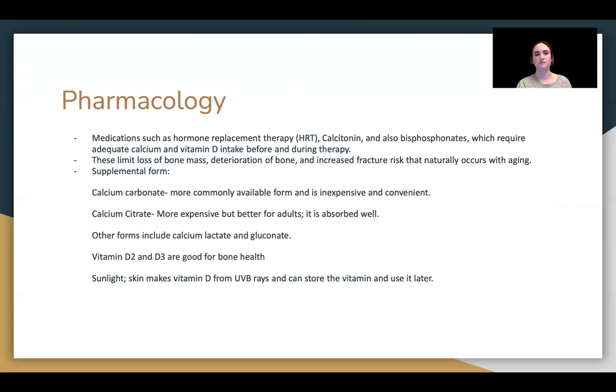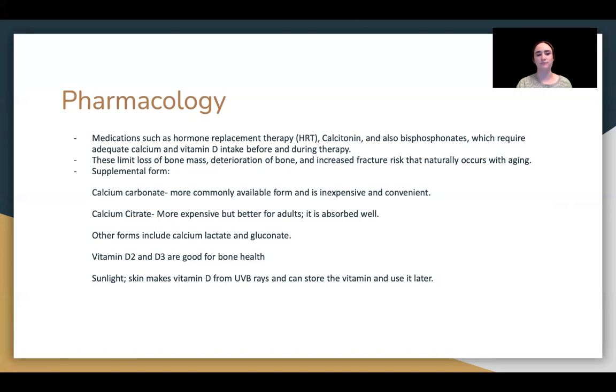But these also limit the loss of bone mass, deterioration of bone, and increased fracture risk that naturally occurs with aging. So loss of bone mass and density is going to be most common in everybody with aging.